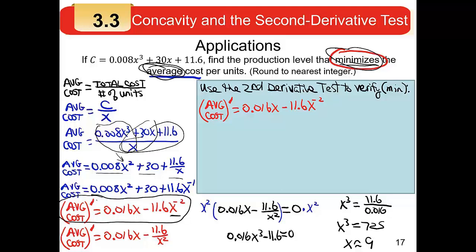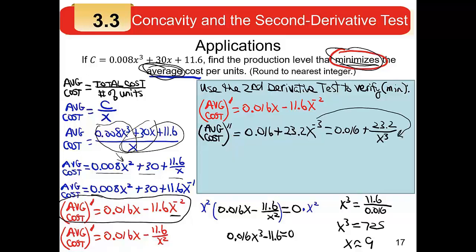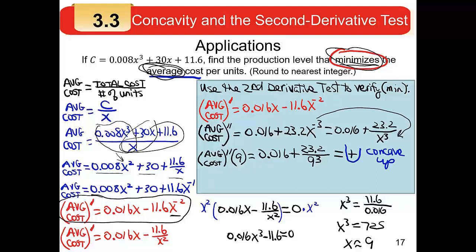Get the second derivative and plug in and change the negative exponent to a 1 over the positive power, and then plug in the number I'm trying to test. Plug the 9 in. I don't need to know the exact value, I just need to know whether it's positive or negative. It's pretty clear that that number comes out positive, which means it's concave up, which means it really is a minimum. So the number that I thought was going to be the answer, which was 9, now I'm absolutely certain that 9 is the number that minimizes the average cost per unit.